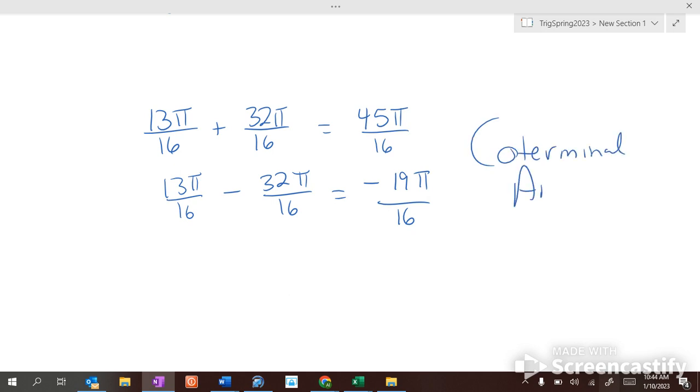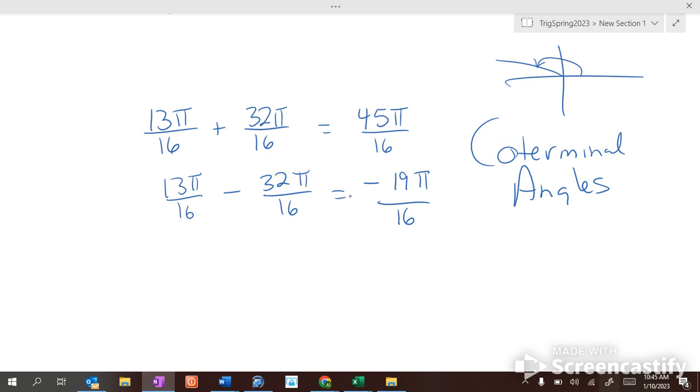These are coterminal angles. What are coterminal angles? They're the angles that are in the same position on the circle, but they have different values. So 13 pi over 16 is somewhere like that.